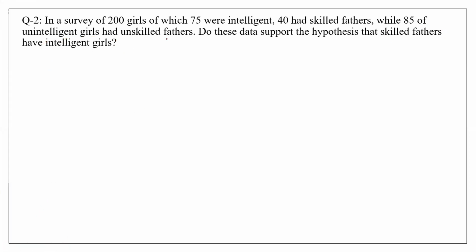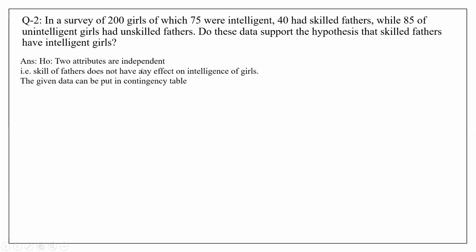So to answer this question, first let us formulate our null hypothesis. The null hypothesis is very simple. As I told you earlier, we always take that two attributes are independent as the null hypothesis. In this case, the two attributes are your skilled father and intelligent girl.